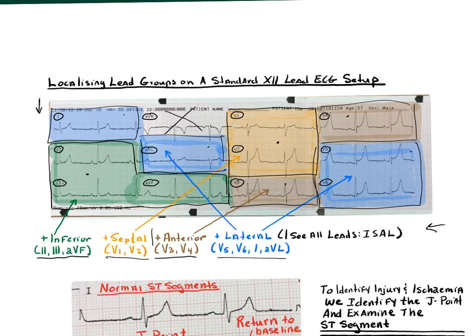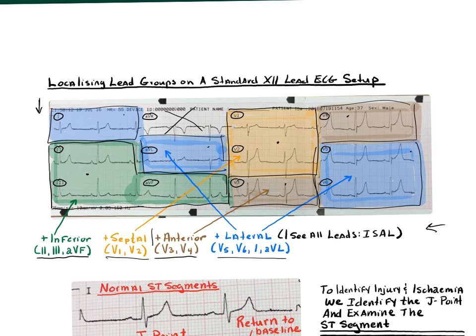And remember when I said a contiguous lead is a group that represents a certain area of the heart? So 2, 3, and AVF are contiguous. They represent the same area. V1 through V4 are contiguous. They represent the same area. And then V5, V6, 1, and AVL are contiguous. They represent yet another area. Now, lead 2 and V4, are they contiguous?